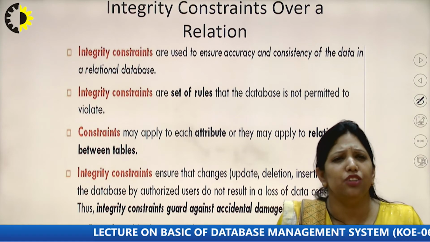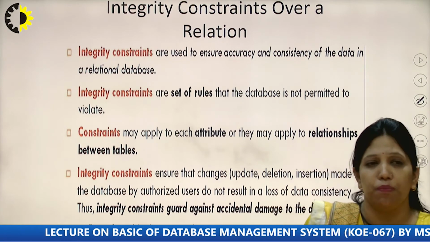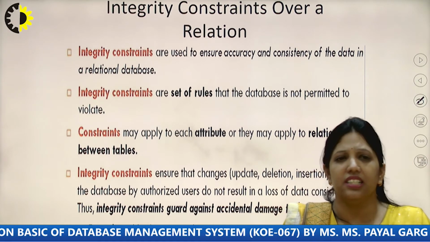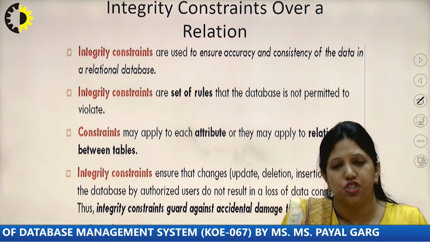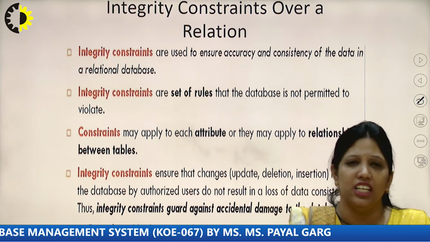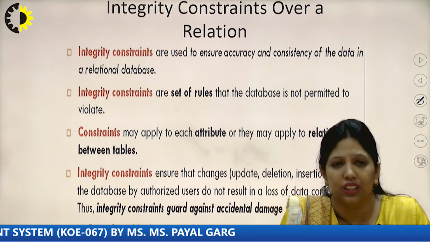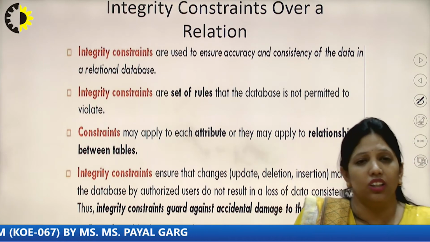Constraints may apply to each attribute, or they may also apply to relationships between tables. Integrity constraints ensure that changes such as updation, deletion, or insertion made to the database by an authorized user do not result in a loss of data consistency.